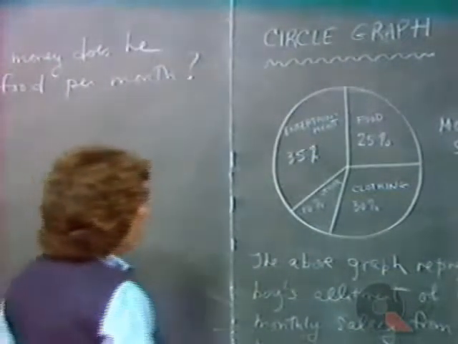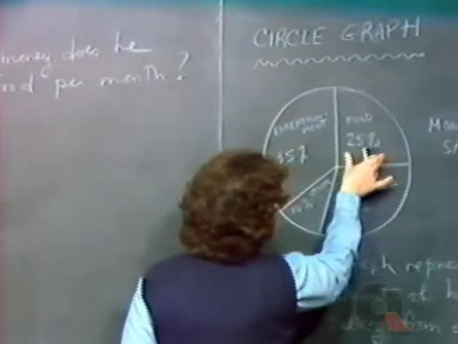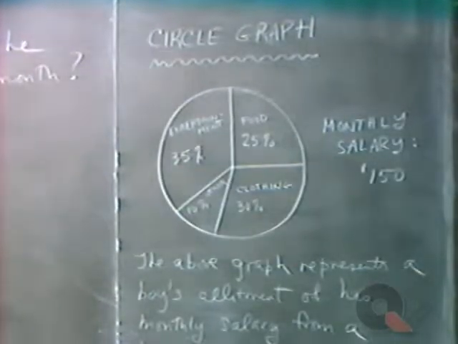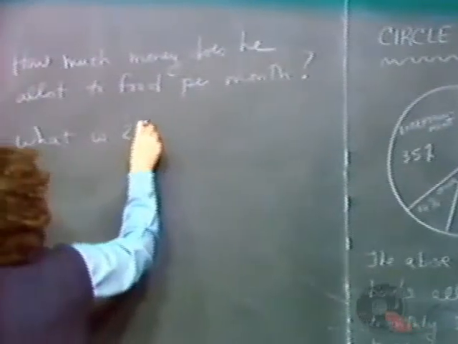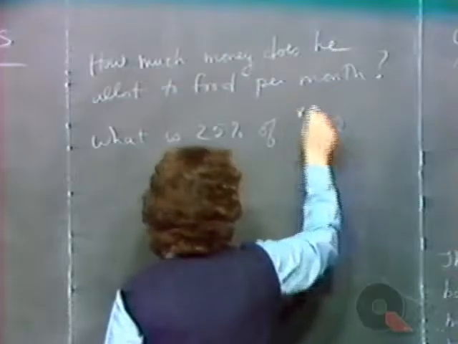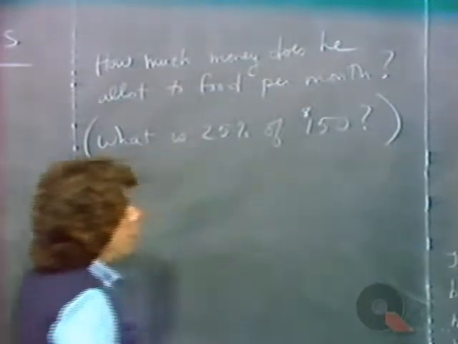Okay. We look over here and we see 25% of his salary goes to food. His monthly salary is $150. So this is really asking, what is 25% of $150? And we studied problems like this on an earlier videotape.